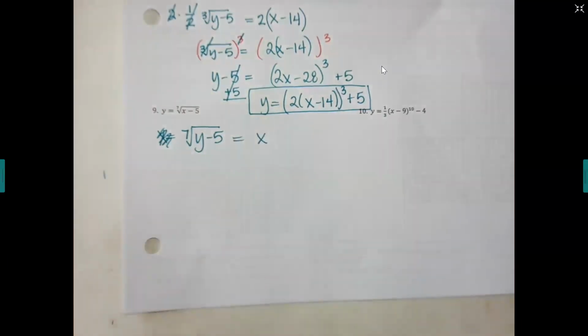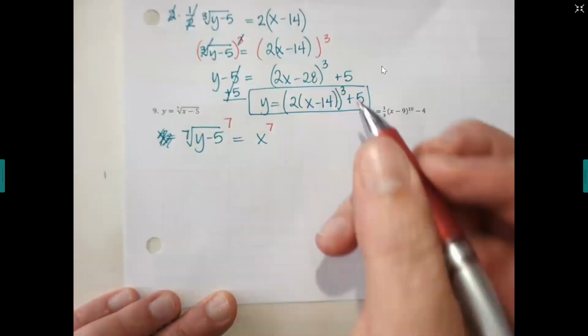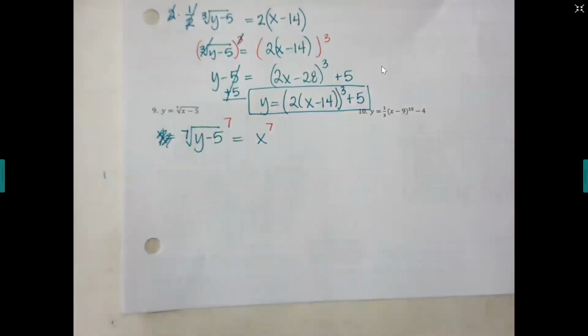What do I get rid of first, the 7 or the 5? The 7. Now remember, if it was a cubic root, I'd cube both sides. What if it's a 7th root? 7th power both sides. So I'm going to put a 7 up top here and a 7 up top here. Now, if the x had another number with it, you'd have to group it and then raise to the 7th.